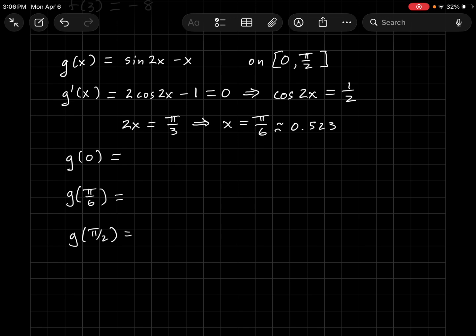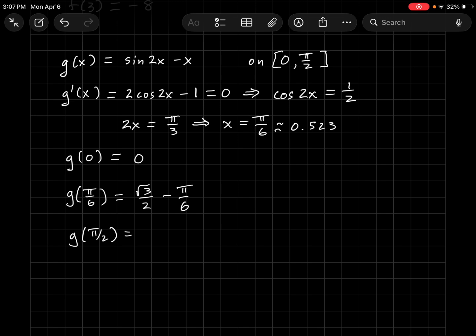Let's start by finding g of 0. So we have the sine of 0 minus 0, which is 0. Pretty straightforward. Now for g of pi over 6, we have the sine of pi over 3, which is root 3 over 2, minus pi over 6.